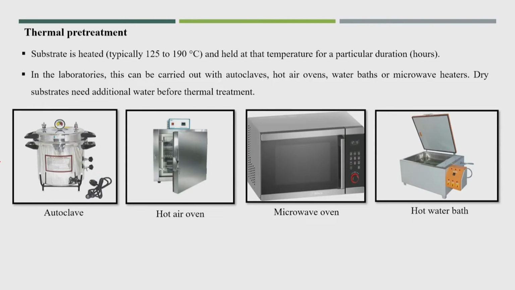In the laboratory this can be carried out with an autoclave, where the temperature can go up to 120 to 150 degrees centigrade. A hot air oven reaches 100 or 120 degrees. A microwave oven can reach 300 degrees centigrade. And there is the hot water bath. So by these different techniques we can increase the temperature of a particular substrate.